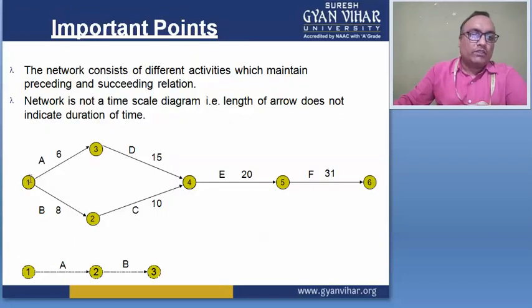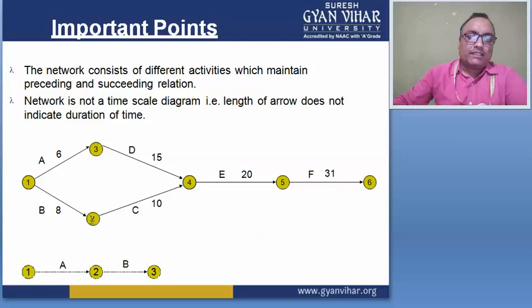Here this is node 1, this is node 2, this is node 3, this is node 4, this is 5, and this is 6. From node 1 to node 3, the activity is A. Similarly for activity B, this is the starting point and this is the ending point of the node.